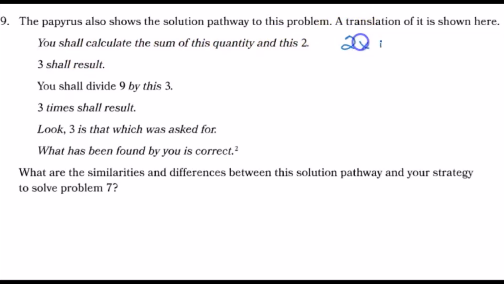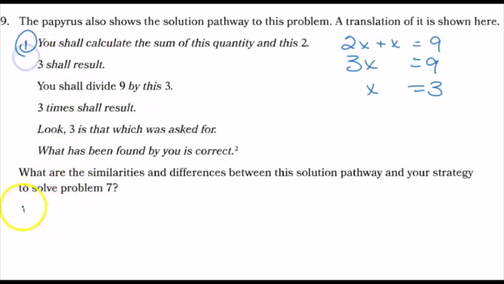So remember we had 2x plus x equals 9. They're talking about maybe rewriting that as 3x equals 9, and then divide 9 by 3. So remember we divided both sides by 3, and we got x is 3. So first line, combine like terms.